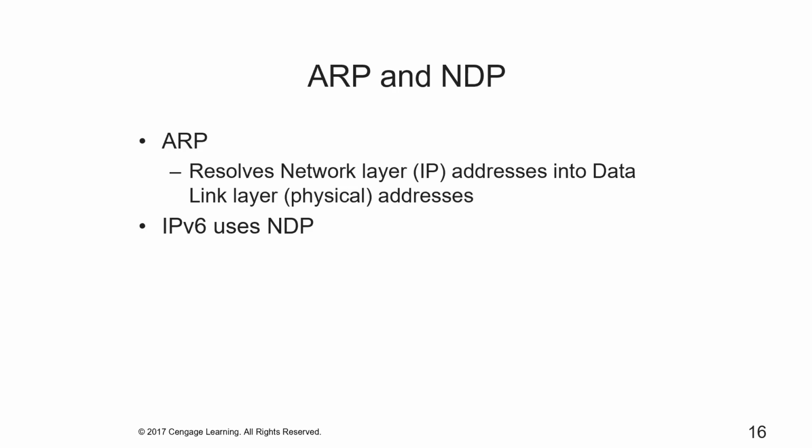The Address Resolution Protocol, or ARP, is the protocol that's used by IPv4 nodes to resolve network layer, or IP, addresses into data link layer, or physical addresses. IPv6 doesn't use ARP, but instead uses Neighbor Discovery Protocol, or NDP. NDP is similar to ARP in that the IPv6 node that wants to know another node's physical address sends a neighbor solicitation request, and the desired node replies with a neighbor advertisement containing its data link layer address.